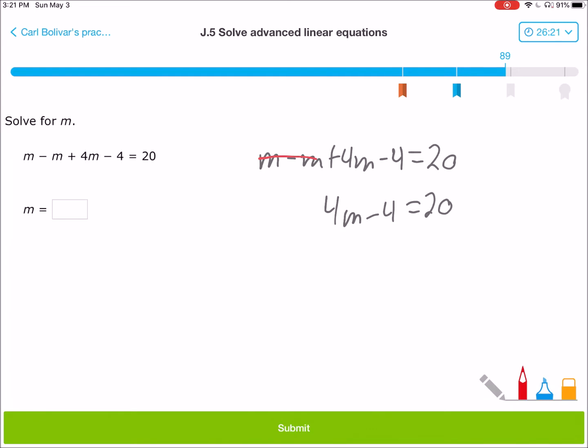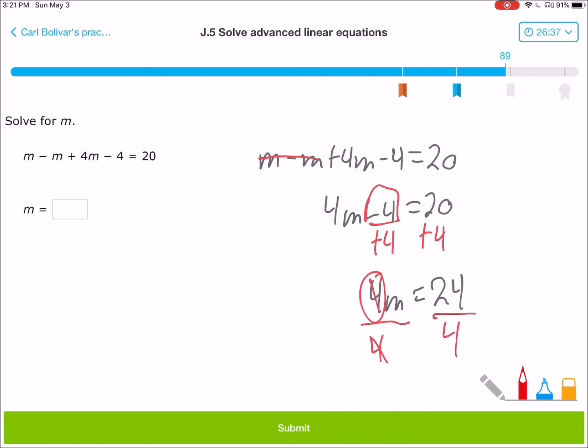So let's add 4 to take out this number here. Add 4, and what we're left with is 4m is equal to 24. Now let's divide each side by 4 so that we can take out this 4 from the m, and we'll divide the other side by 4 as well. So what we're left with is m is equal to 24 divided by 4, which is 6. So let's put 6 as our answer.